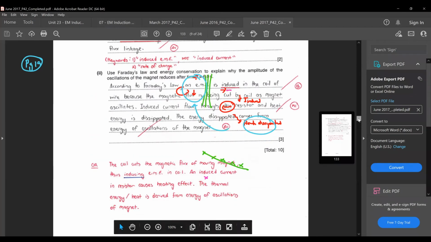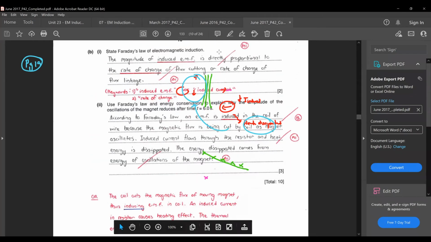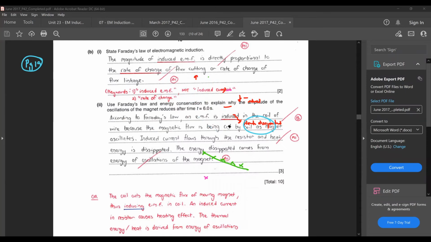So how you would word it is something like this: according to Faraday's law, an EMF is induced in the coil because magnetic flux is being cut by the coil as the magnet oscillates. An induced current now flows through the resistor and heat energy is dissipated.